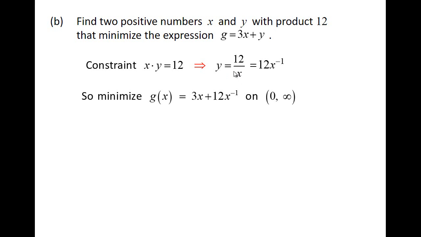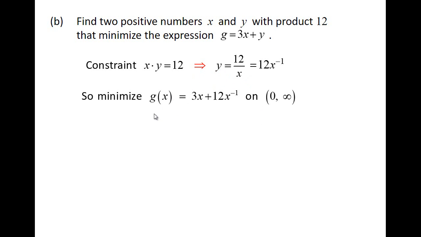If we pick x to be 100, then y would be 0.12, and still the product of x and y would be 12. I can pick x to be 1,000 and then y to be 0.012, and still the product of x and y would be 12. So x could be any positive number. So the domain for this function would be all positive real numbers.